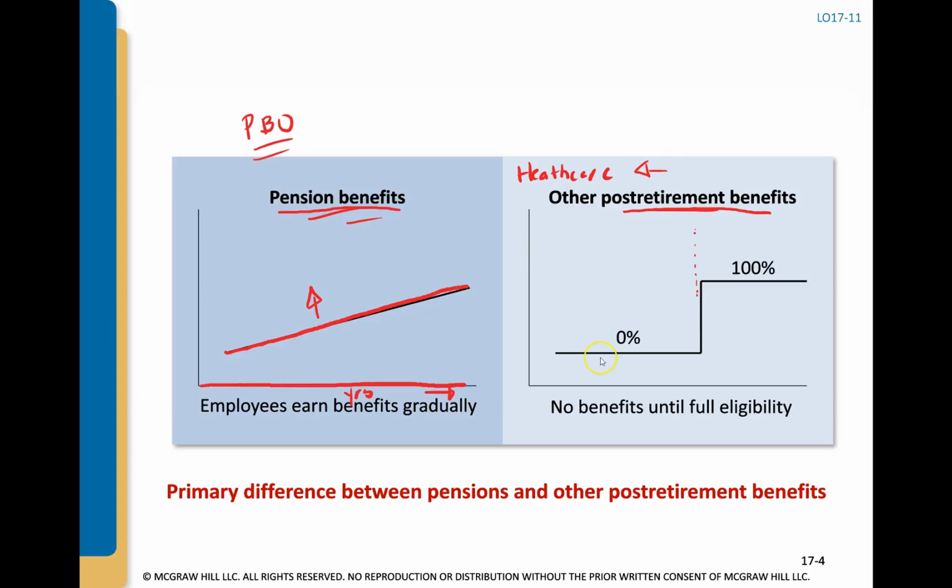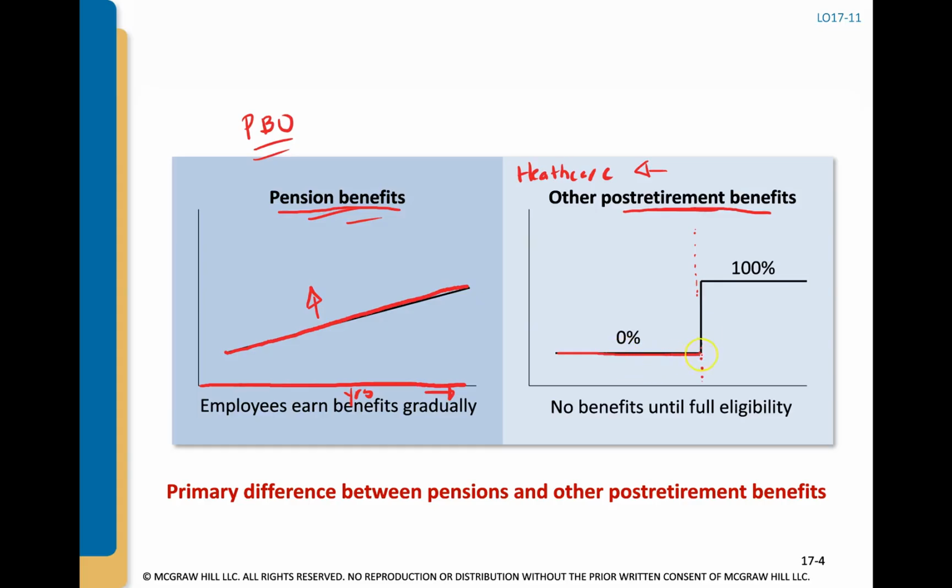The way the post-retirement benefits work is it doesn't matter how long you've worked at that company, assuming you've worked long enough to be eligible for those post-retirement benefits. It's an all or nothing kind of deal.